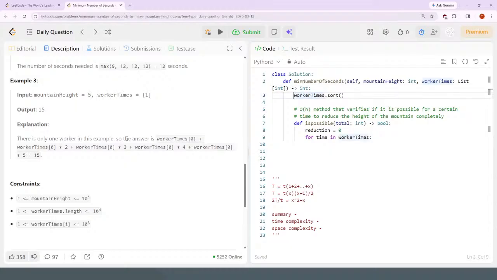Maybe I just go back to binary search. Define if it's possible to reduce in total time.